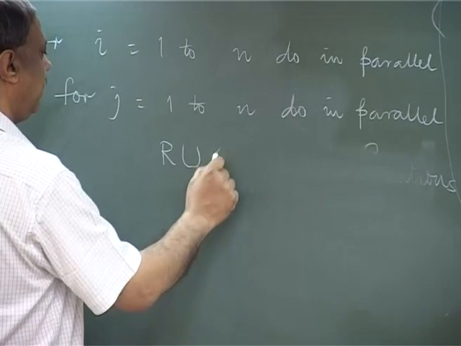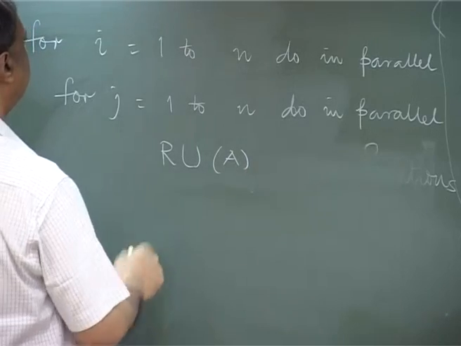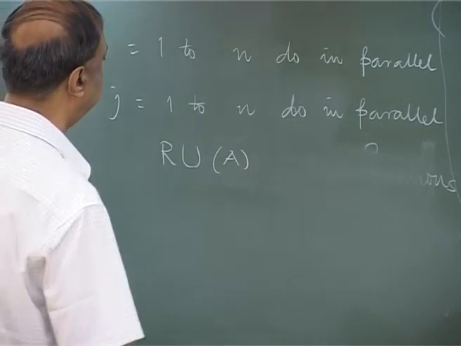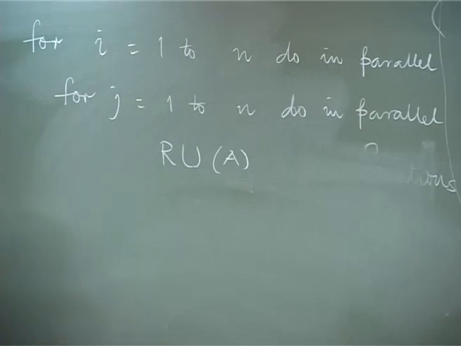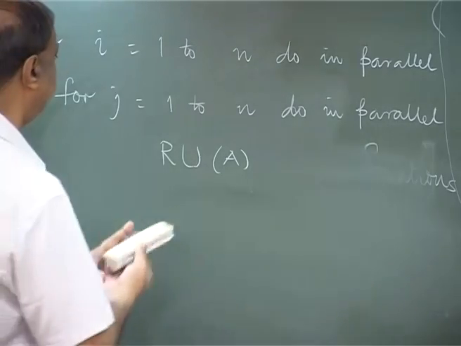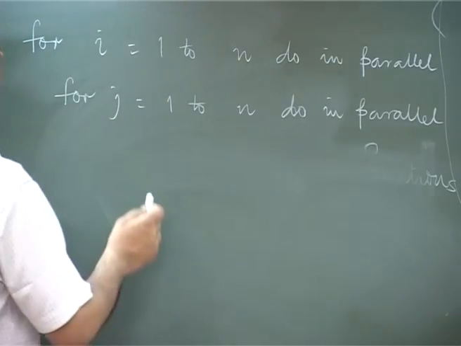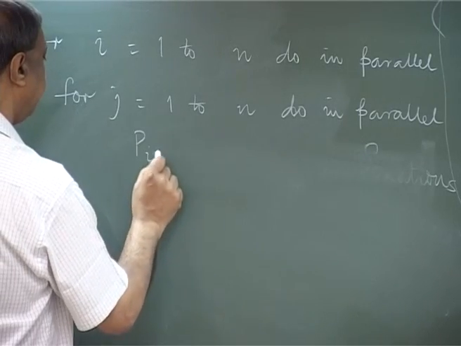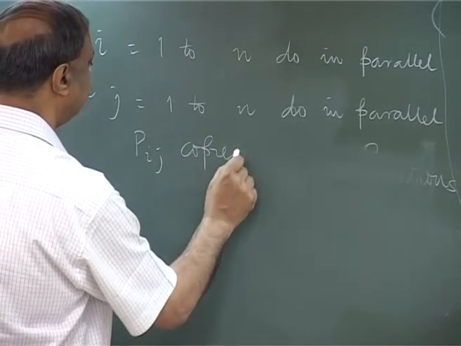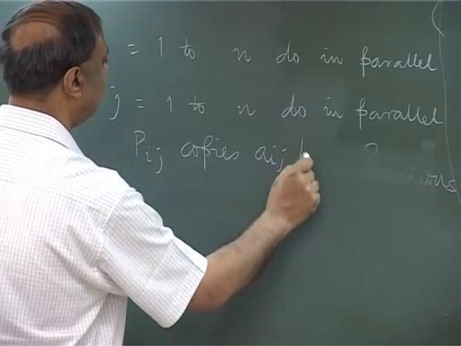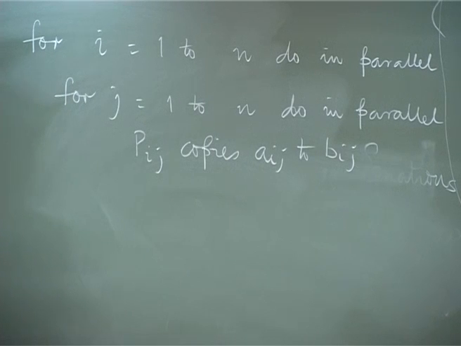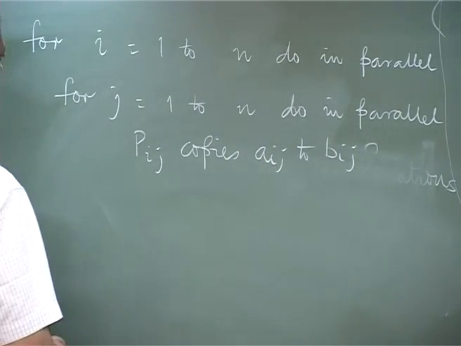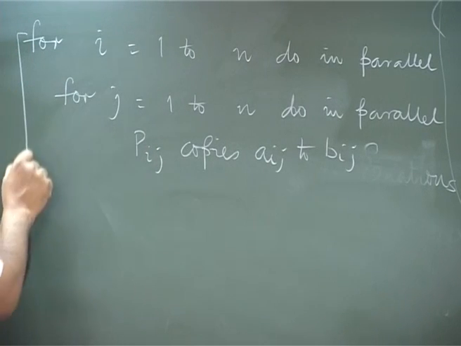Rotate up A, but before that, copy to B is also required. Pij copies Aij to Bij. So this is the first job.